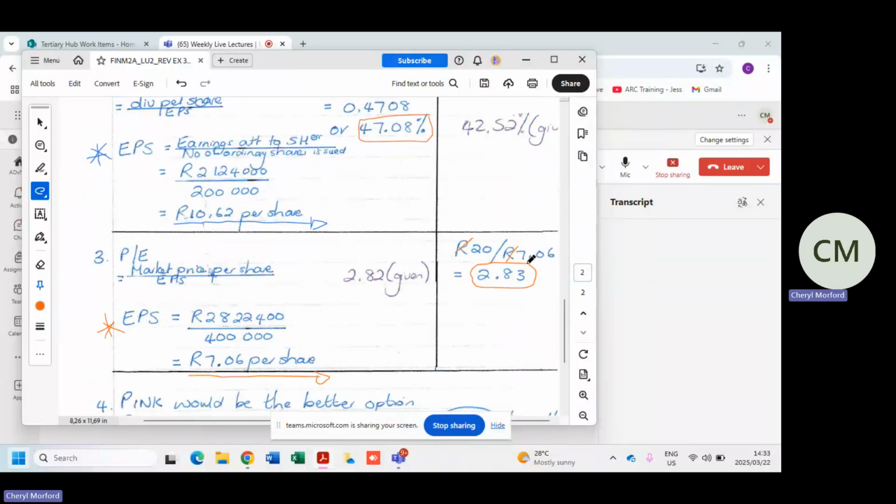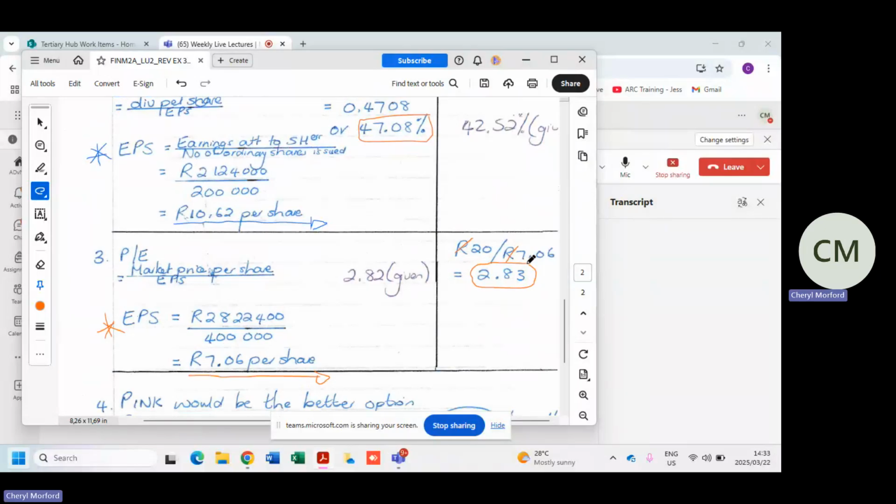What does that mean? For every 1 Rand that you get back as a dividend, you've had to spend 2 Rand 83. Or if you flip it the other way around, you could say that you need, let's say, 3 dividend payouts in order to recover the cost of purchasing a single share.